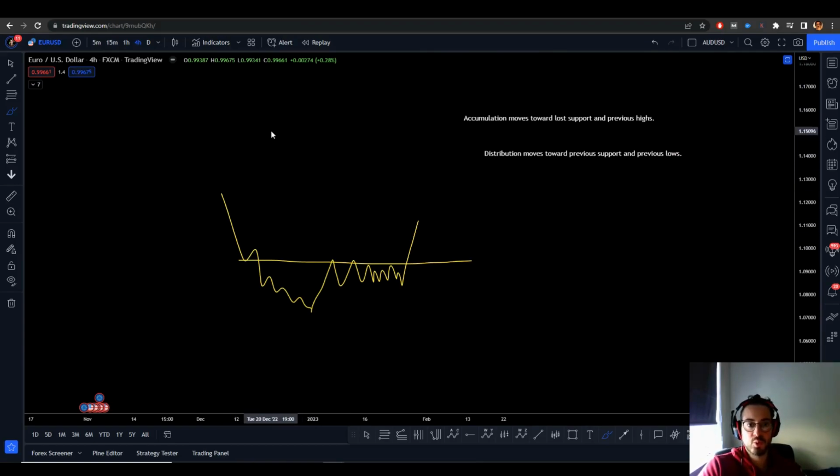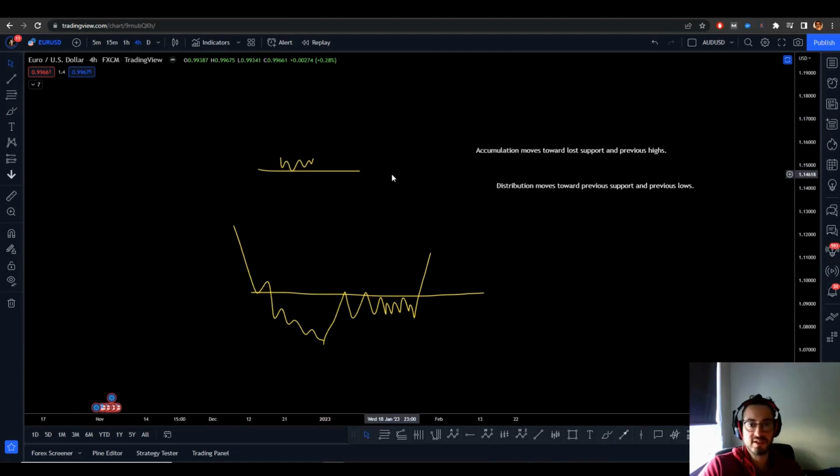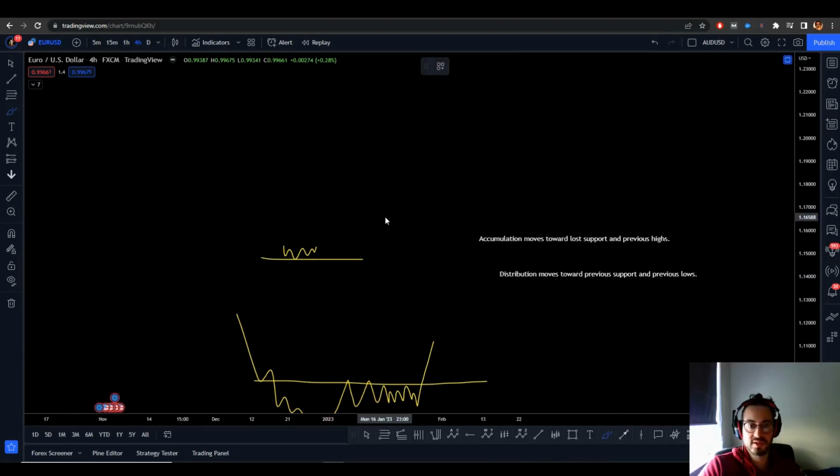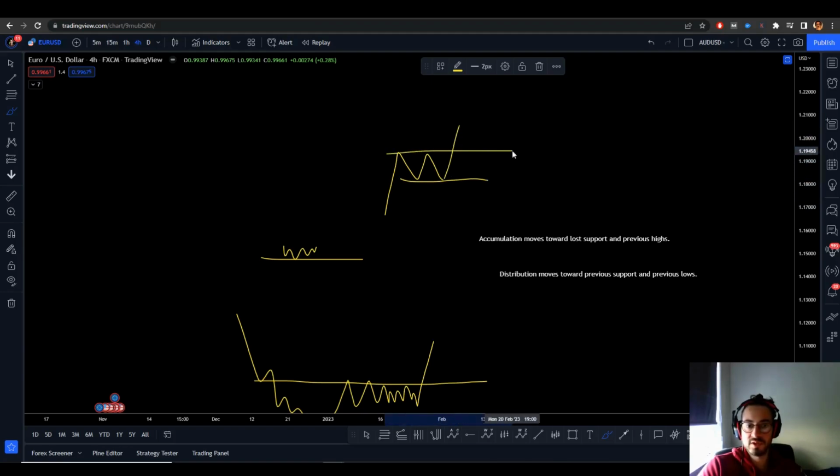Because a support area is an area that has been tested a few times. Let's look at this. You get a move up, you get a move like this right here, a double bottom, support, and the market bounces and breaks out of this resistance.